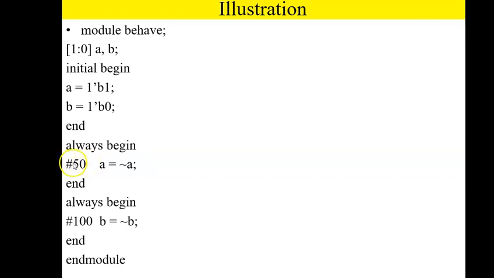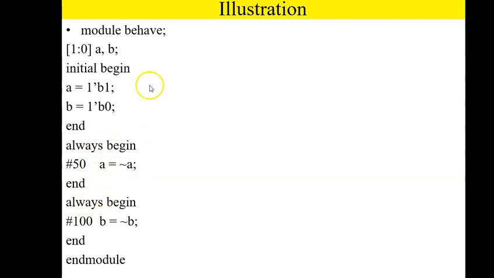That means negation of A is assigned to A. A is equal to not of A, or complement of A, only after 50 time units. We are introducing the time here. End.